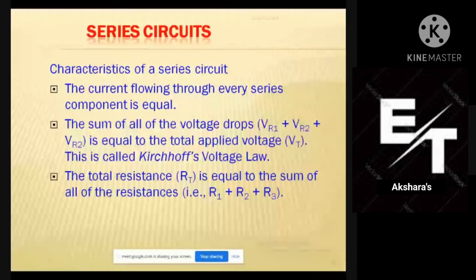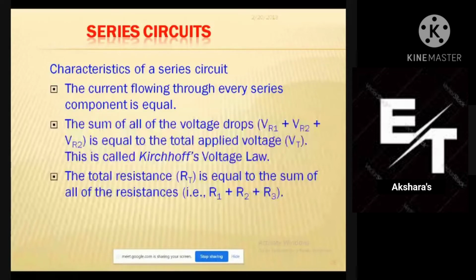That is the formula for the above circuit, by using Kirchhoff's voltage law. Sir, what is Kirchhoff's voltage law? I will explain in the next class, no problem. Just remember in this slide that the total voltage equals VR1 voltage plus VR2 voltage plus VR3 voltage.